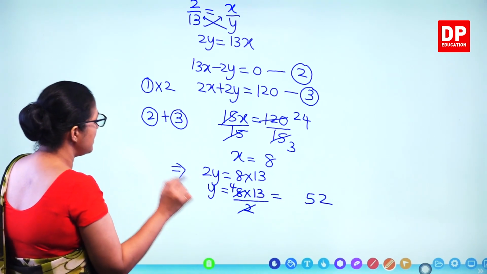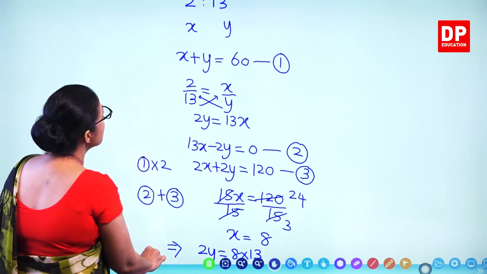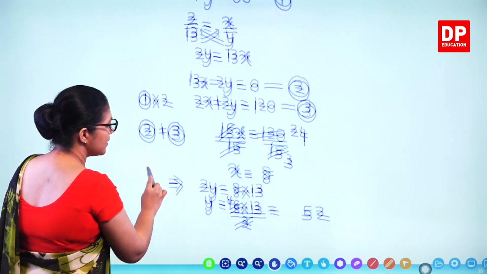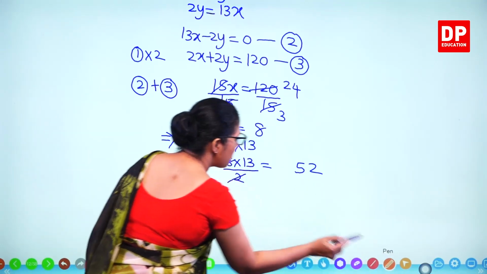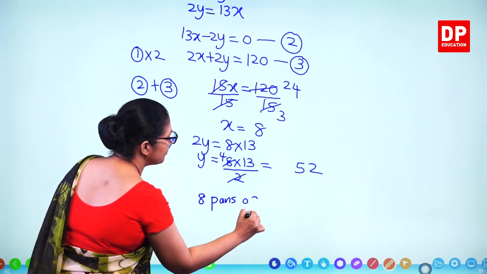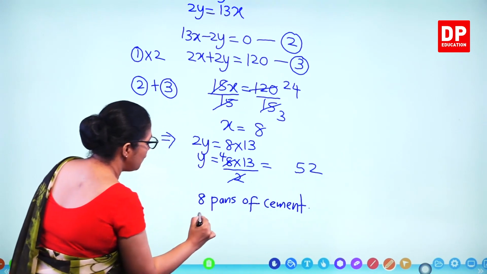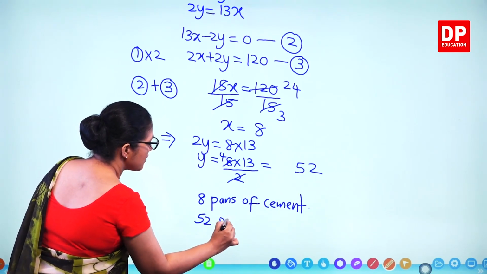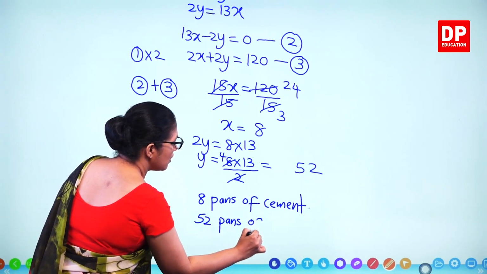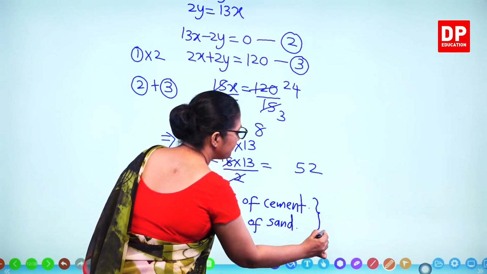So that means X is cement, Y is sand. 8 pans of cement and 52 pans of sand mixing together.